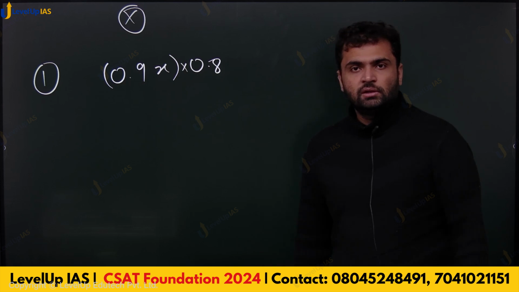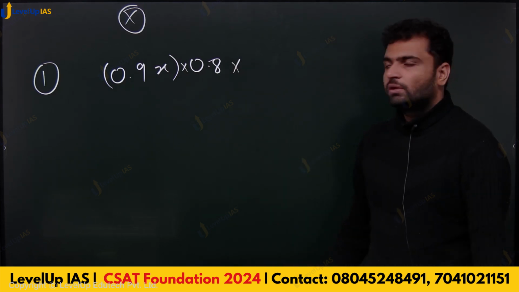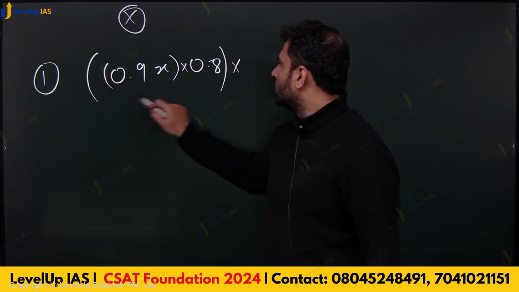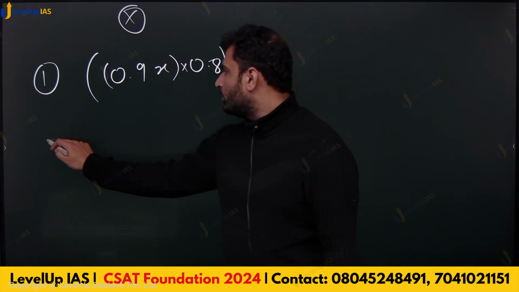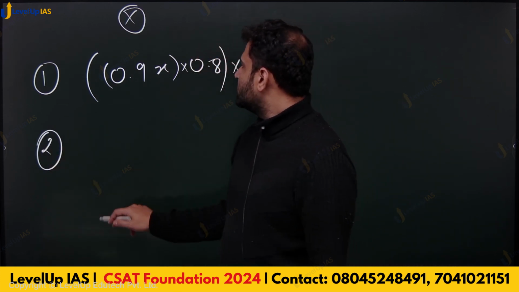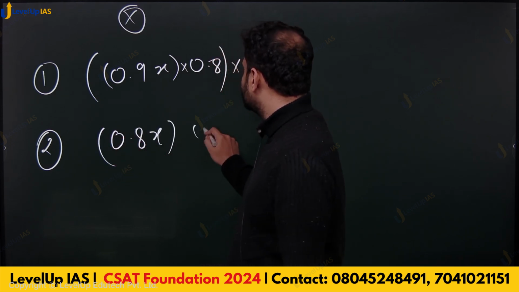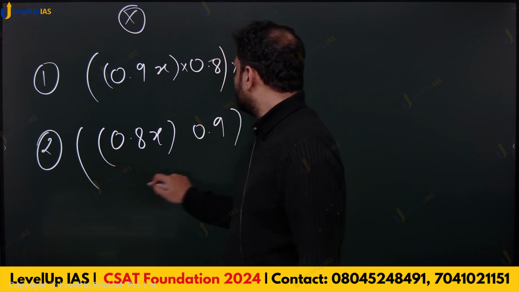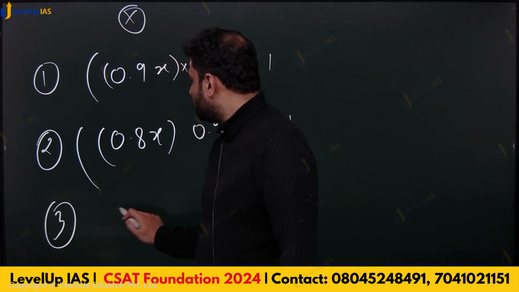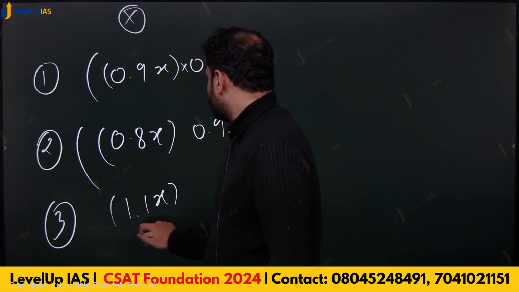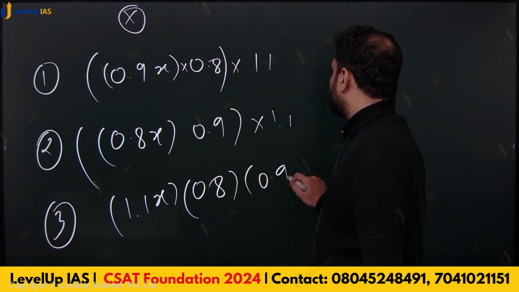Discounting is over, and over that he is giving service tax of 10%. The price becomes 1.1 times. Second option is, first he gets a discount of 20%, over that a discount of 10%, over that he pays tax. Third option is, first he pays tax, then he gets a discount of 20%, and then of 10%.